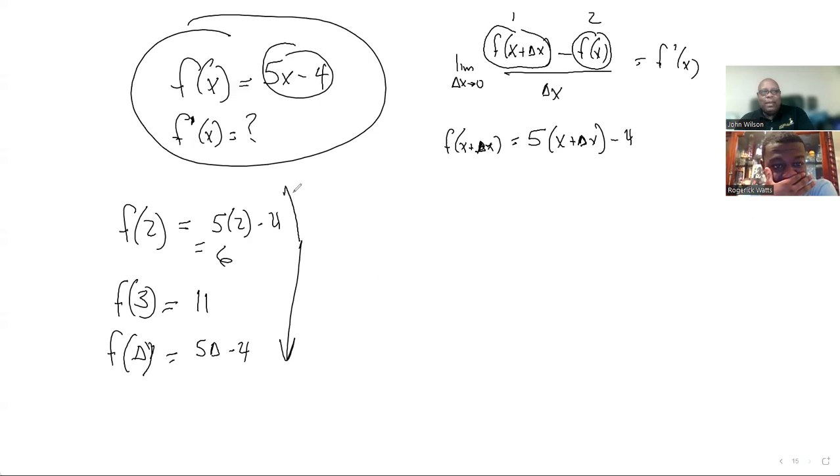I love this about calculus. It feels so obvious, crazy, right? It's 5x minus 4. Are you asking me or telling me? Read what this line says right here. Oh yes, 5x minus 4.